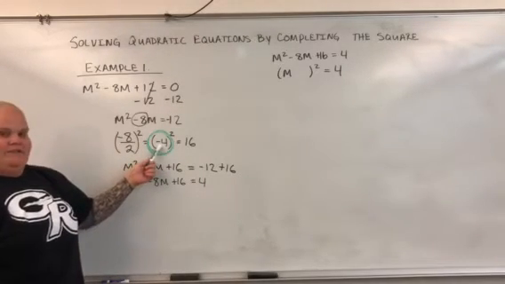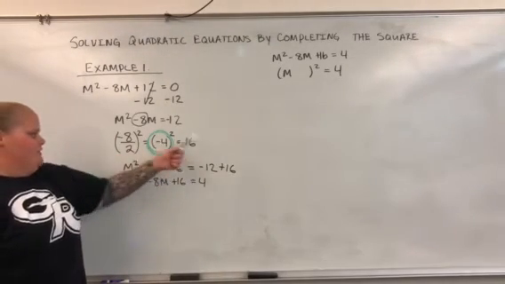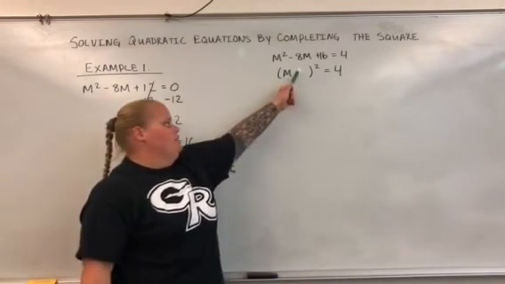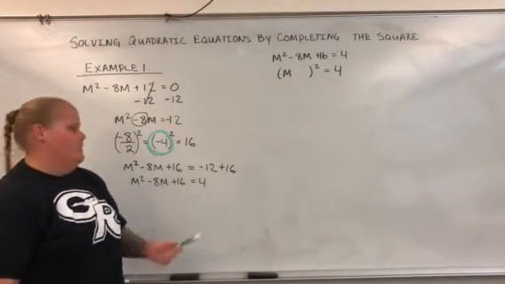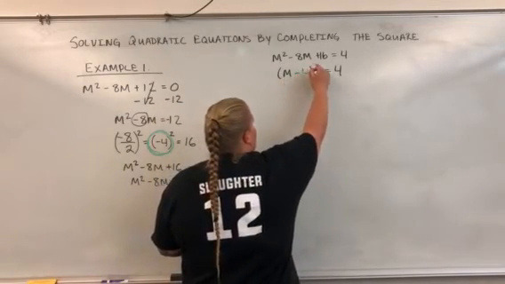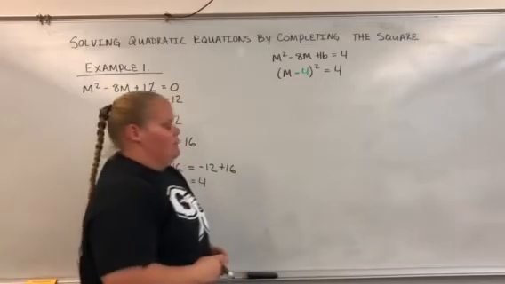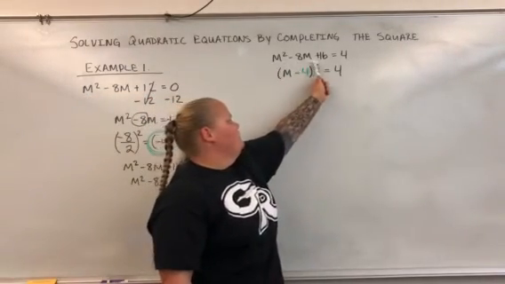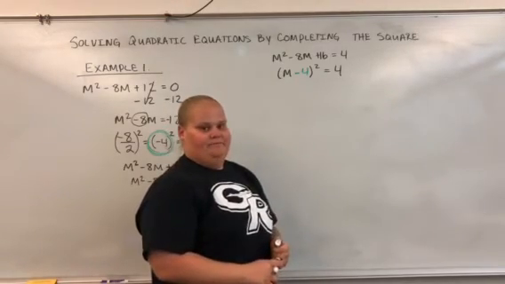It's this middle piece of this completing the square. This is what will always get plugged in right there, this negative 4. Okay. m minus 4 squared is the factored version of this.